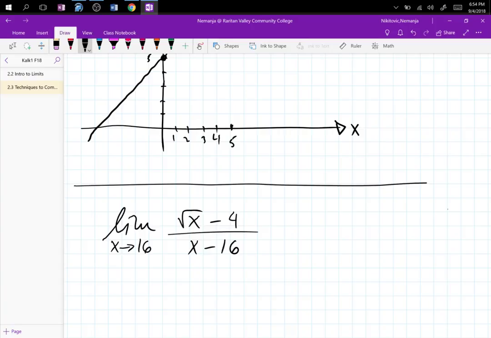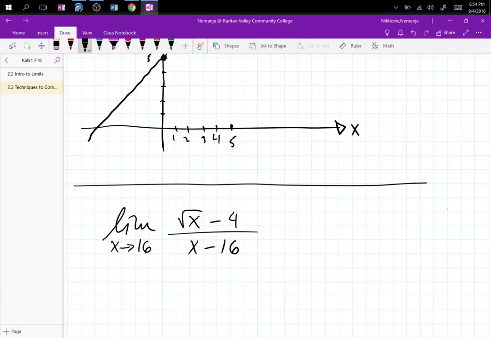What now? I heard the word rationalize it.